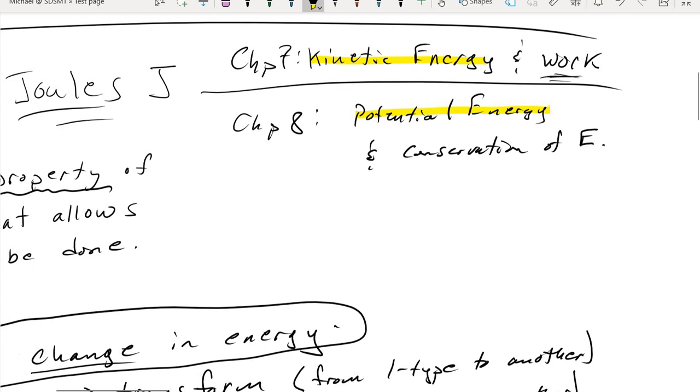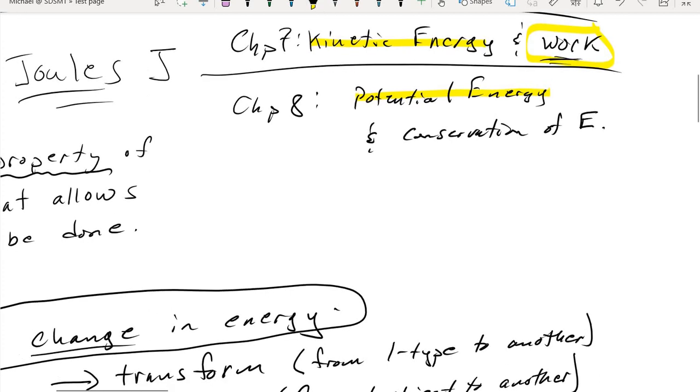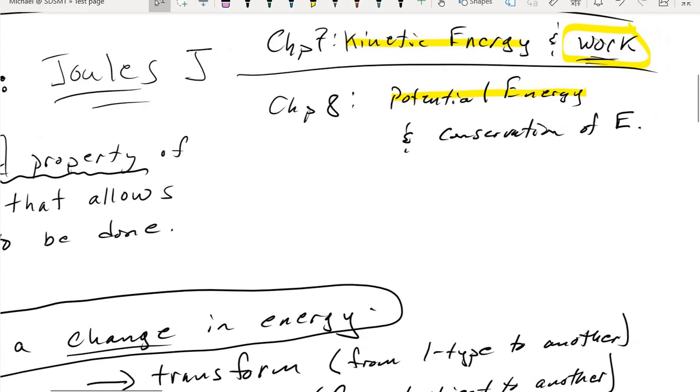There's kinetic energy and potential energy. So it is possible to transform one type of energy into another. And the way that we accomplish that is to do work. Well, what's work? It's the change in energy. Okay, well, that's still not helping.